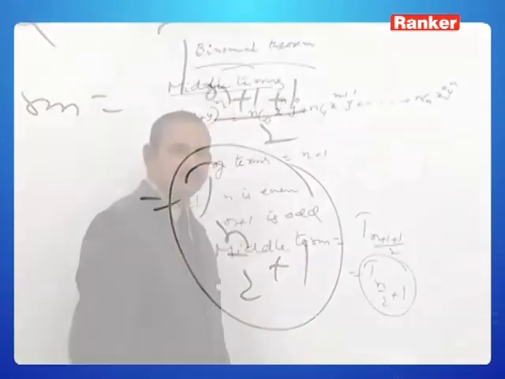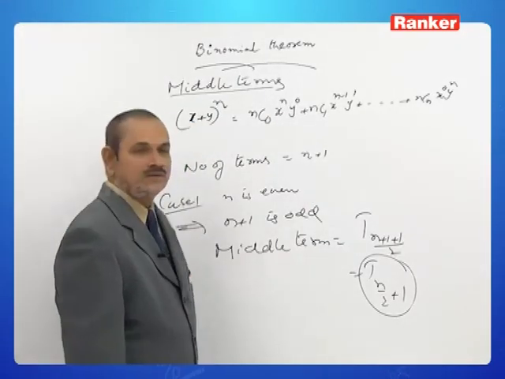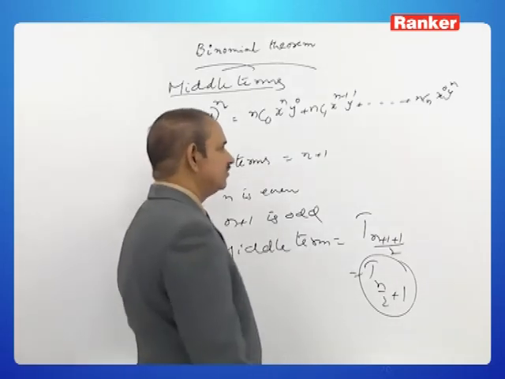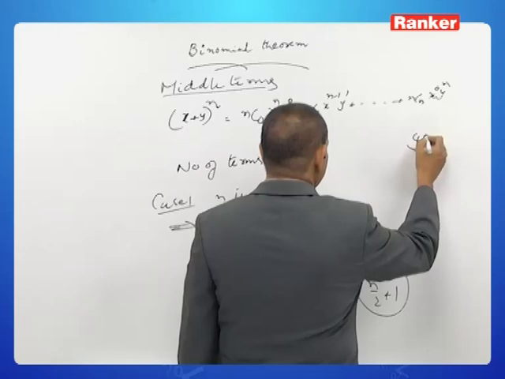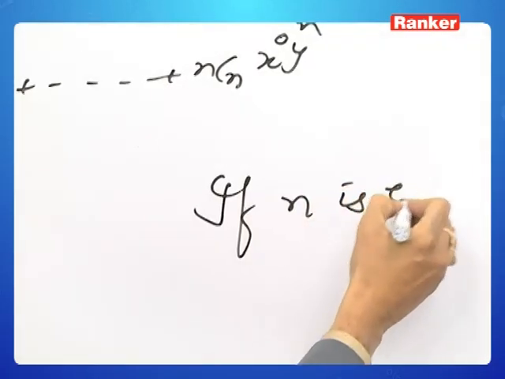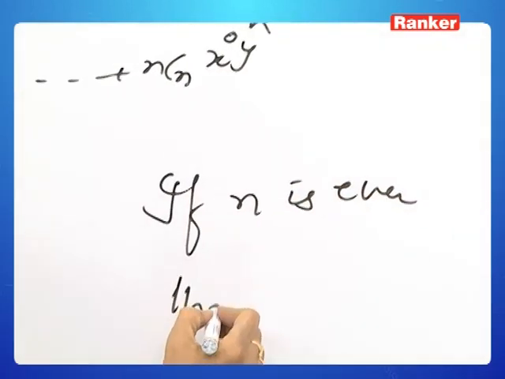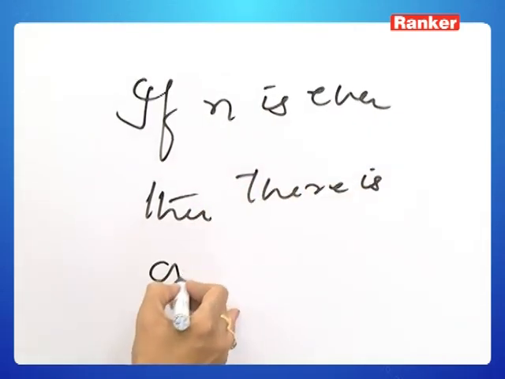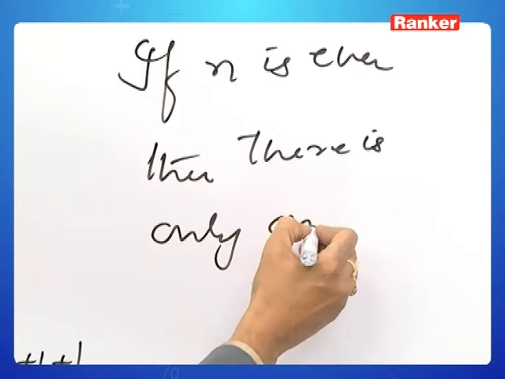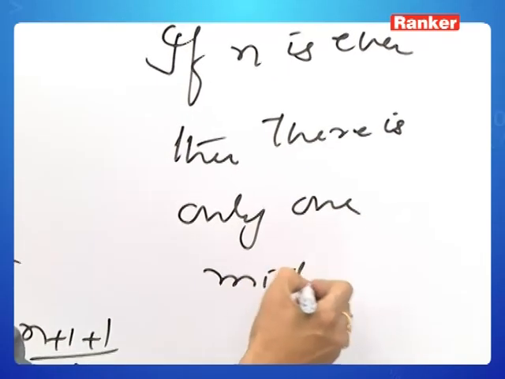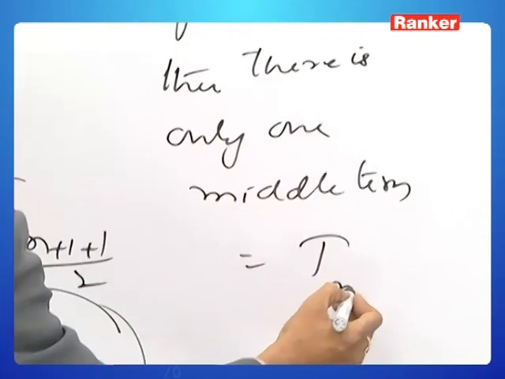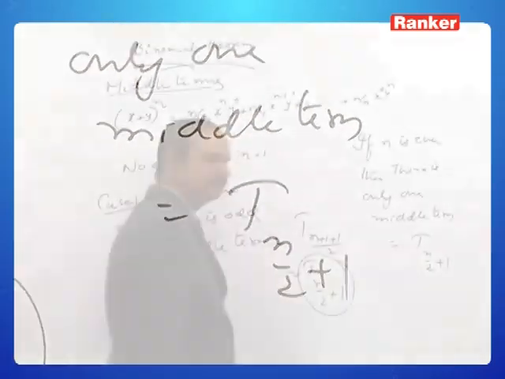the middle term. So, in case 1, what we could notice is if n is even, then there is only one middle term. What is that? That is T of (n by 2 plus 1).